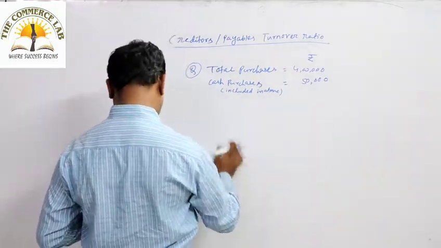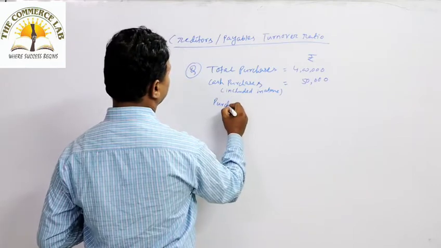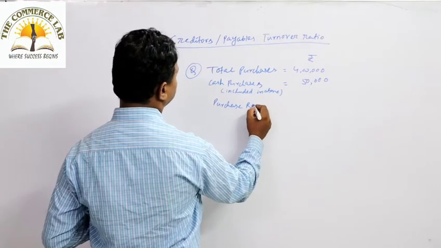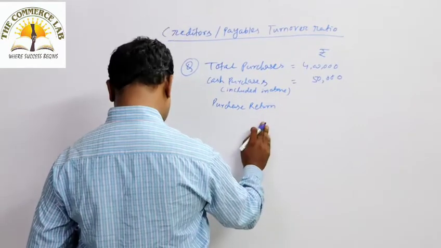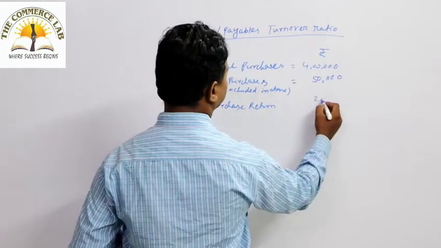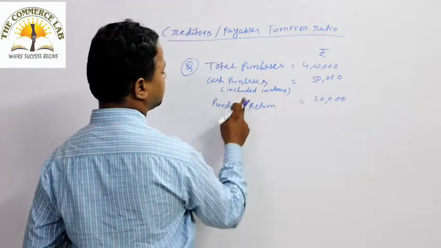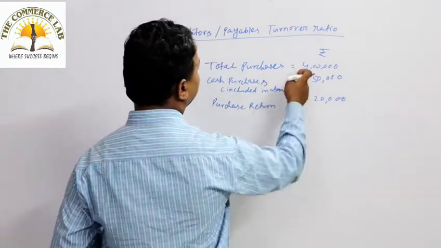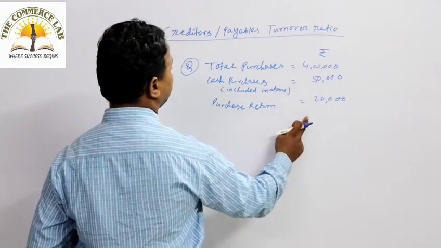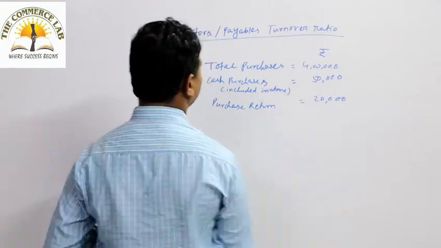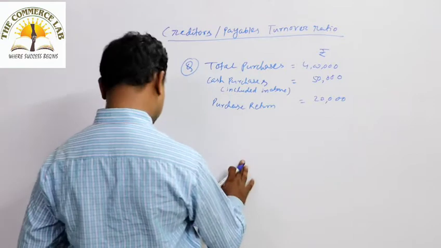That is 50,000. Then how much is the purchase return? Purchase return means you purchase and return. That is around 20,000. So 4 lakh is the total purchase, with cash purchase this much and purchase return this much. Then if you find 4 lakh minus 70,000, 3,30,000 will be your net purchases.